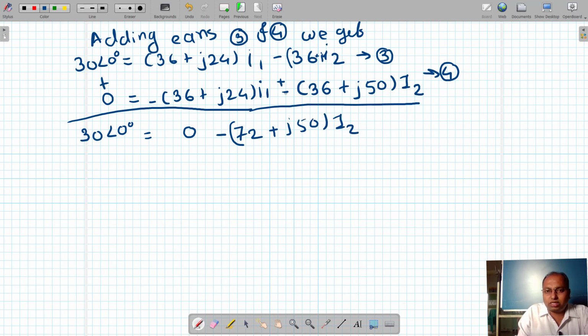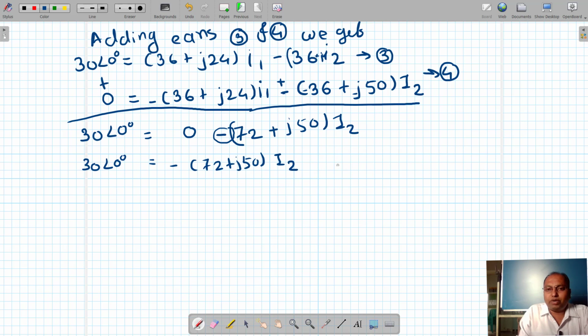Because this minus is going to apply to both terms: after multiplying by minus 1 inside the bracket of 36 plus j50, it becomes minus 36 minus j50. That's why I have written this minus outside of the bracket. Is that fine? Now 30 angle 0 is equal to minus of 72 plus j50 I2.